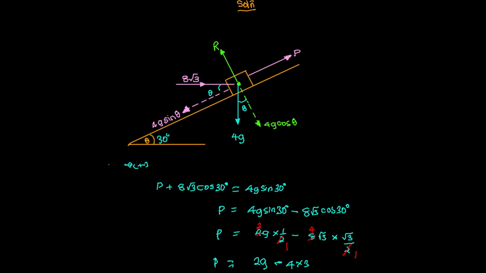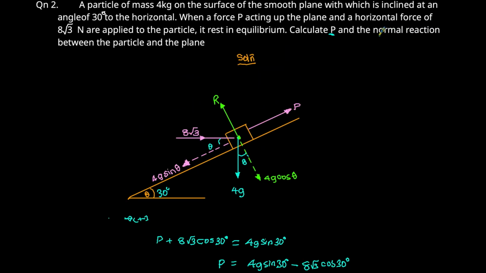And then the other question is talking about normal reaction also, which is R here. So for us to get this, we'll resolve the same force 8 root 3 in the vertical plane, and then also we resolve this one along the vertical axis here, and we notice that the weight of this body or this particle is acting in the same direction with this horizontal force.